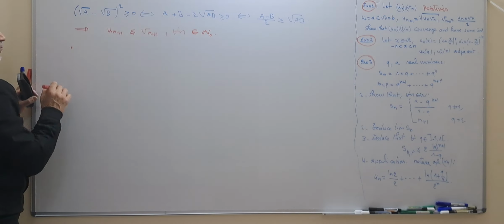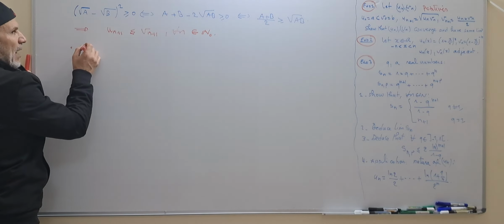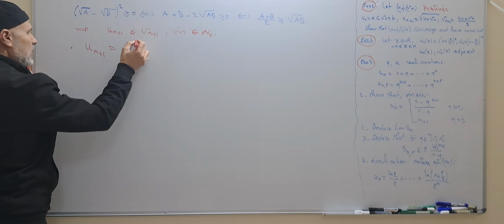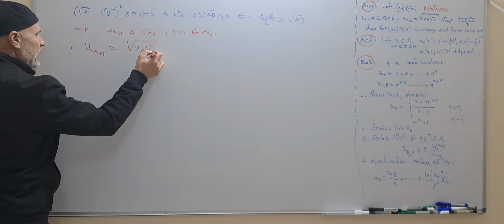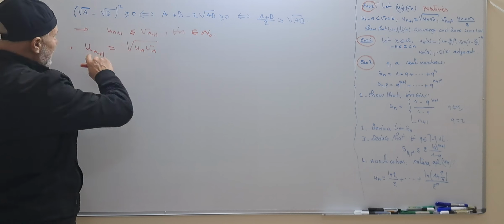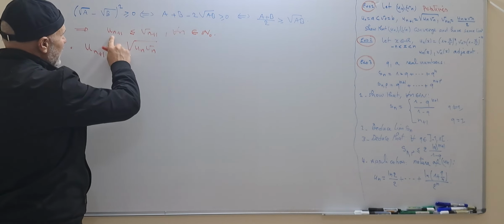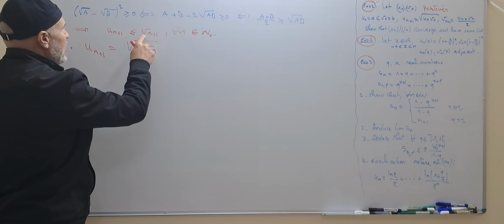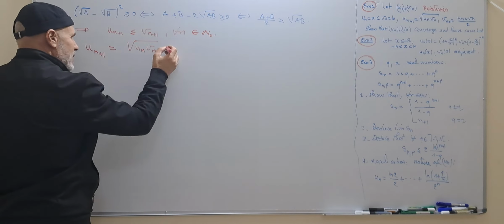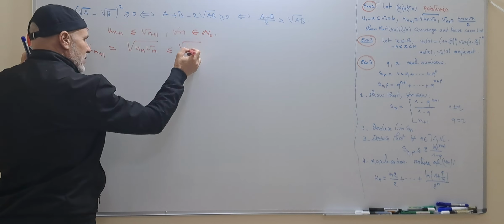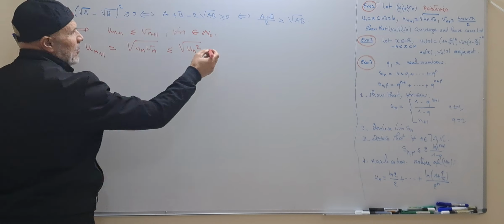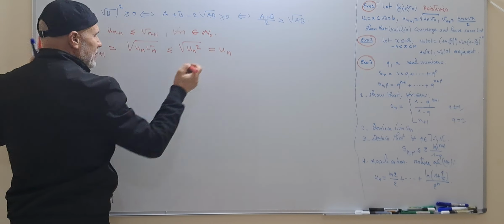Second point, we have un plus 1, which is equal to the square root of un vn, and since un is less than vn, this is less than or equal to the square root of un squared, which is equal to un.